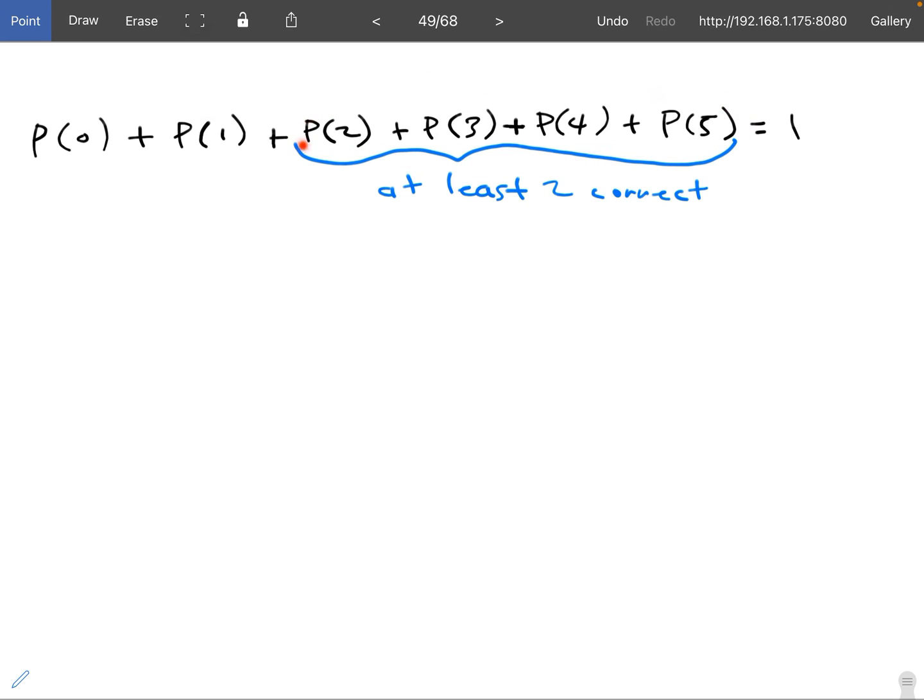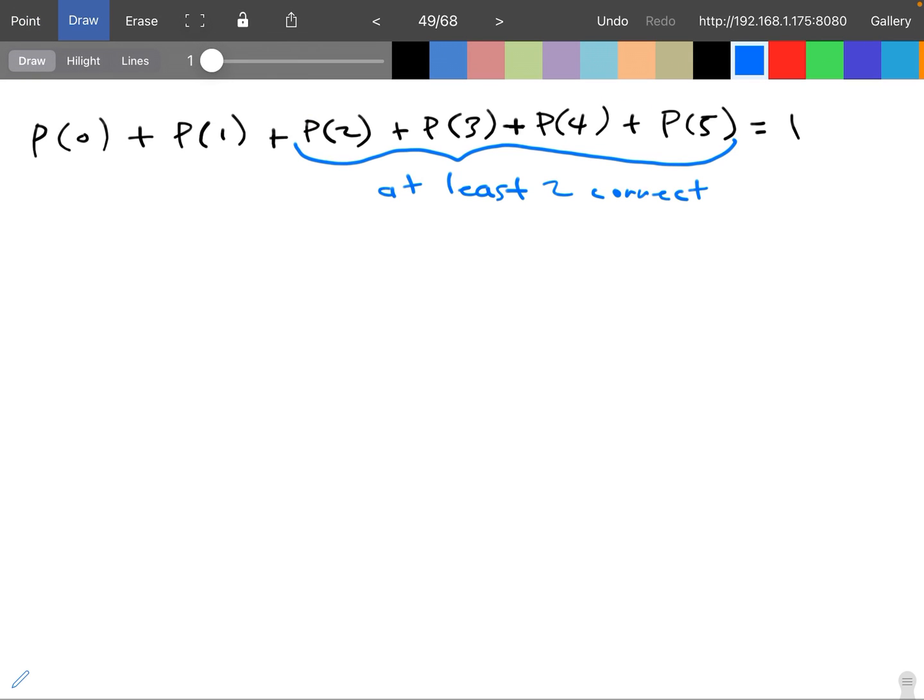So instead of finding all 4 of those probabilities and adding them together, what I'm going to do instead is subtract off on both sides. I'm going to subtract off the probability of getting 0 correct or 1 correct. So over here, I'm going to subtract off the probability of getting 0 correct plus the probability of getting 1 correct.